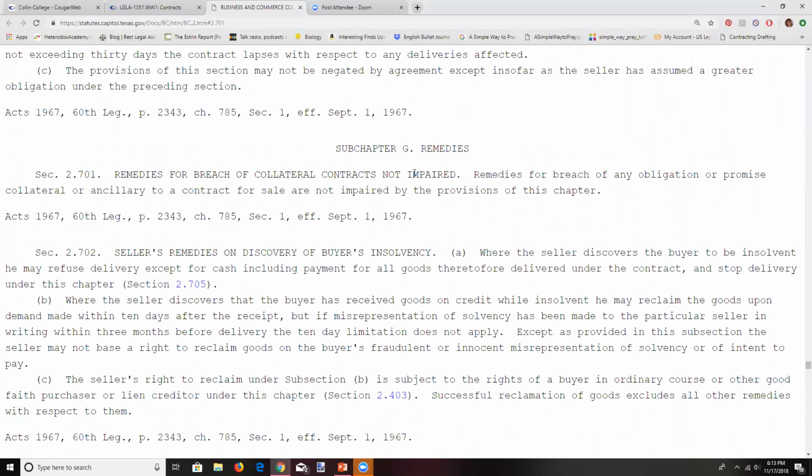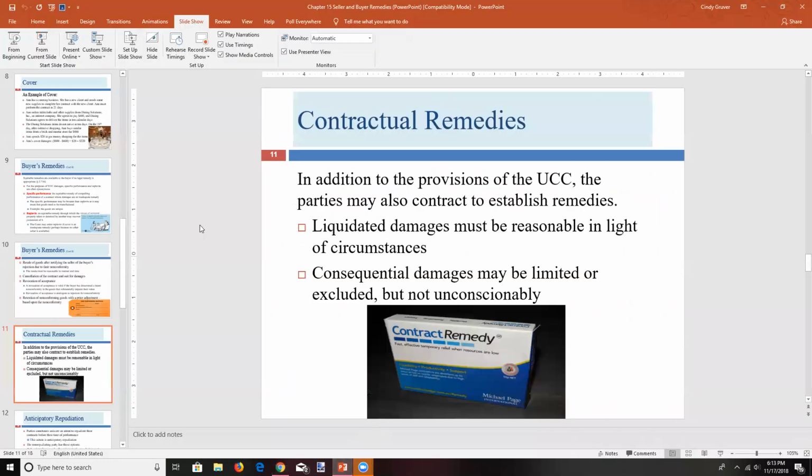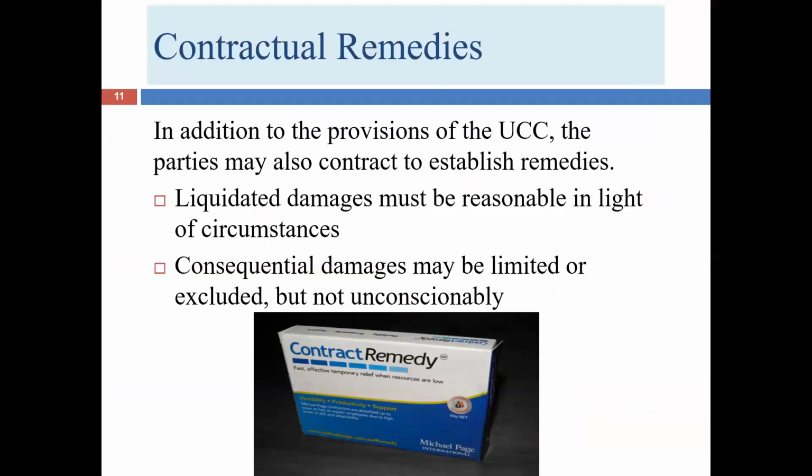Remedies for breach of collateral contracts not impaired. Remedies for breach for any obligations or promises collateral ancillary to a contract for sale are not impaired by the provisions of this chapter. So the parties can contract for other solutions if they want to.